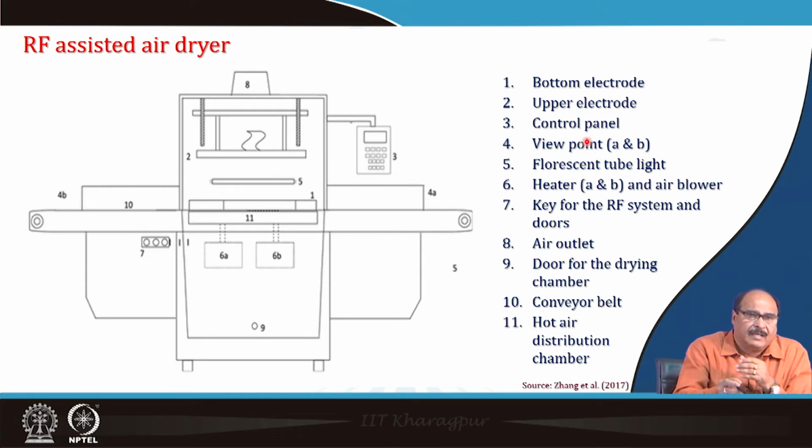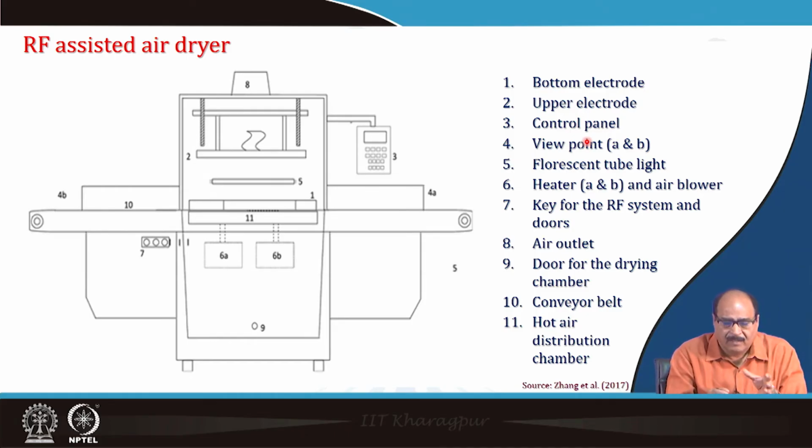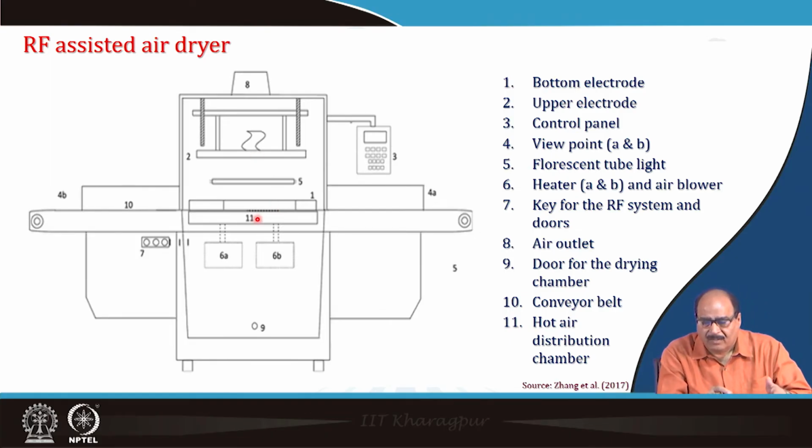This is a radio frequency assisted air dryer, and various arrangements are there, like the two electrodes here, a bottom electrode and an upper electrode. The material is kept here and moved with the help of a conveyor belt.